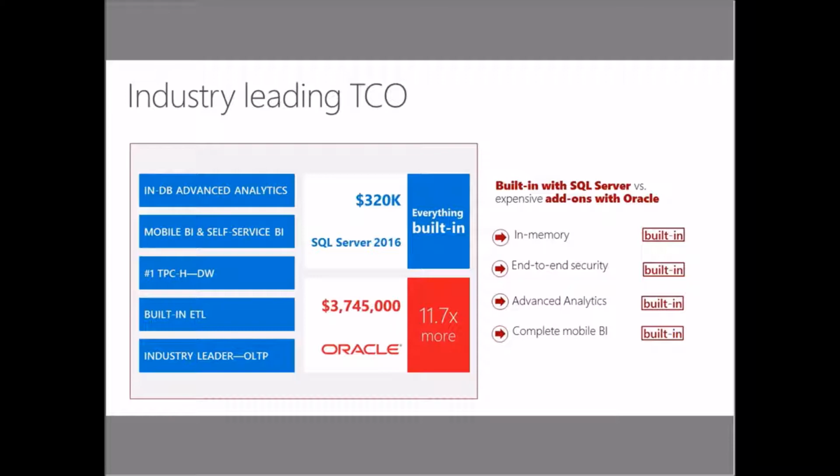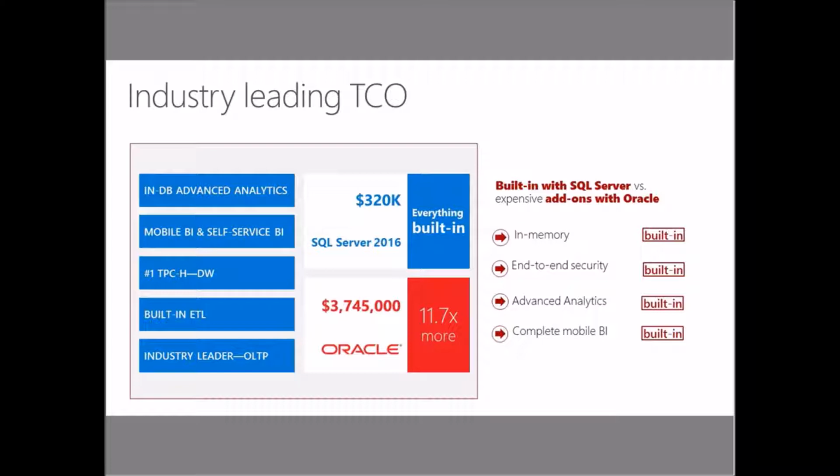All right. We also have an industry-leading total cost of ownership as opposed to other commercial products. For example, in-database advanced analytics is built in with SQL Server 2016. Mobile BI and self-service BI support, again, all built in. Over here we have the Transaction Processing Performance Council for data warehousing support, number one in the testing that has been performed for performance.